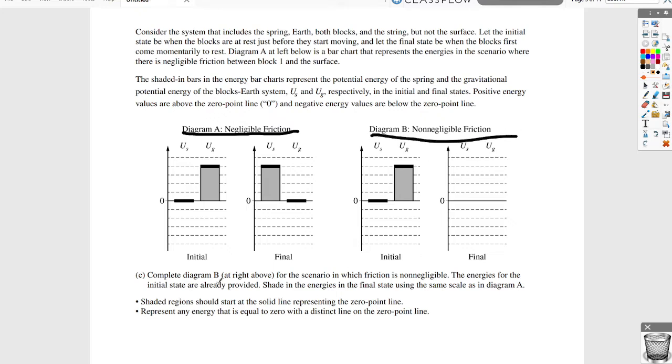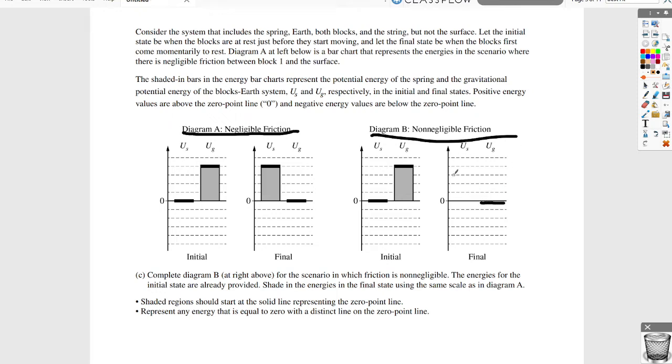Friction does make you lose energy. That's why the work by non-conservative forces is equal to the change in kinetic energy plus the change in potential energy. If we follow that formula, or just follow intuition, you would know that there will be no gravitational energy. However, we will lose some of the spring energy.